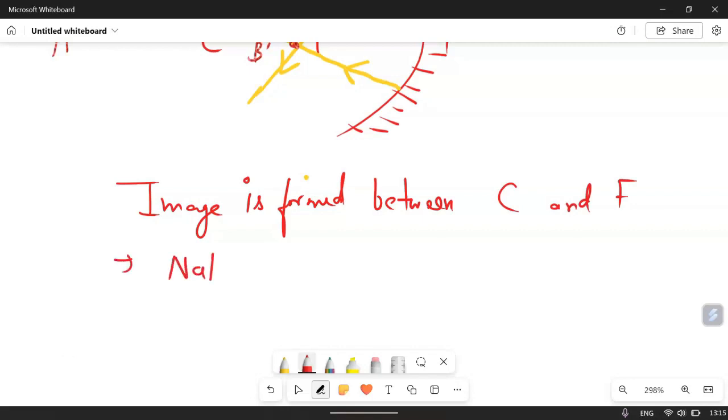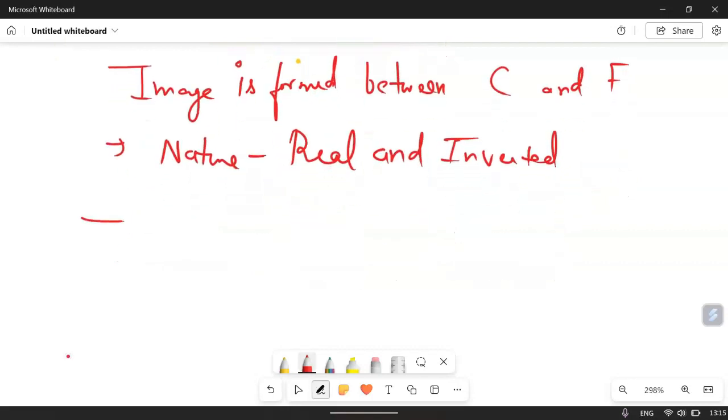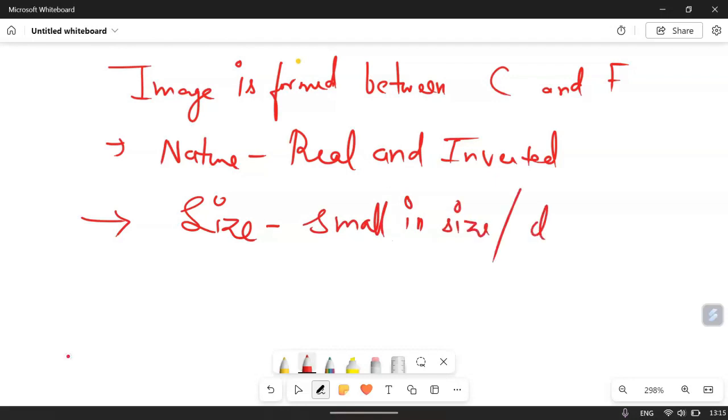Nature of the image is real and inverted. Real, and you can see the image is inverted, and it is below the principal axis. The object is placed above the principal axis. And the third one we can write down, size is small, okay, small or diminished in size, both are the same.